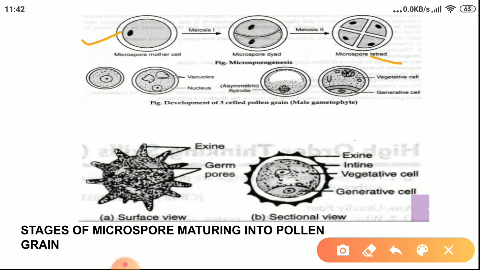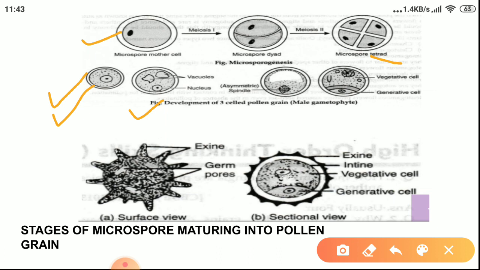Now each microspore in this tetrad will undergo these developmental stages. Here you can see that this is the microspore. After some time, it becomes highly vacuolated and contains a number of vacuoles along with nucleus and dense cytoplasm.